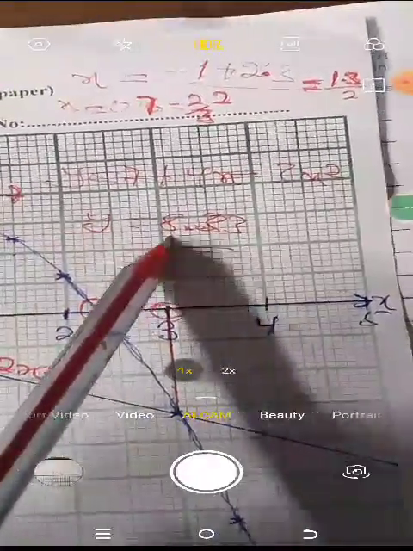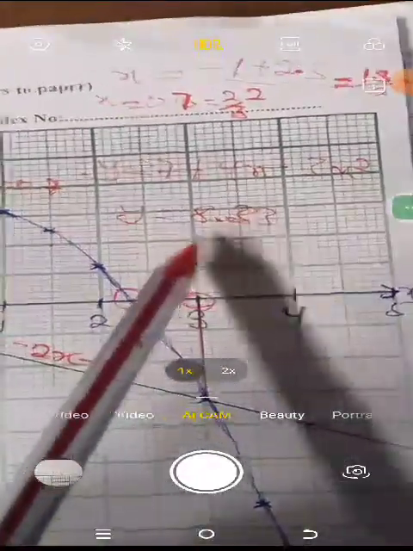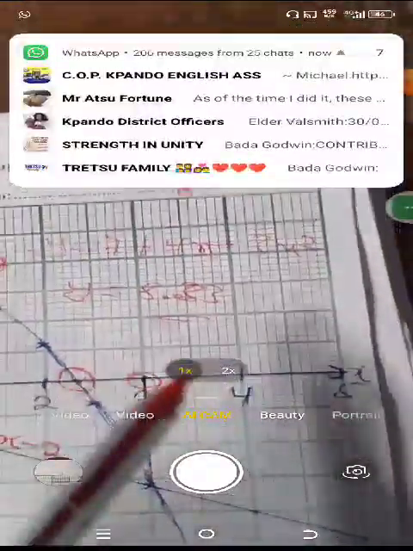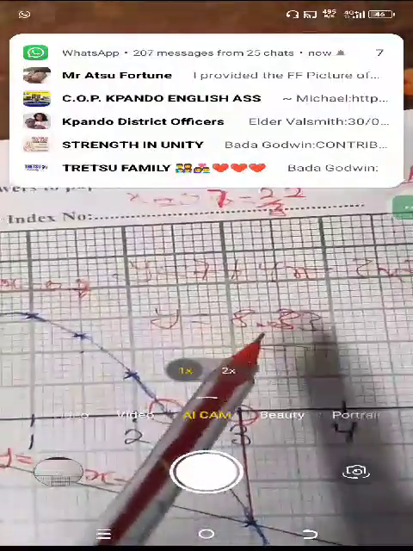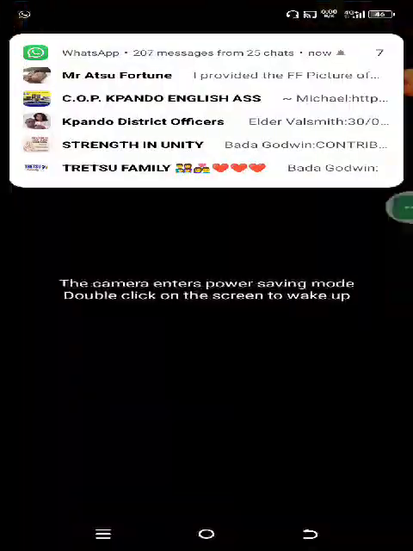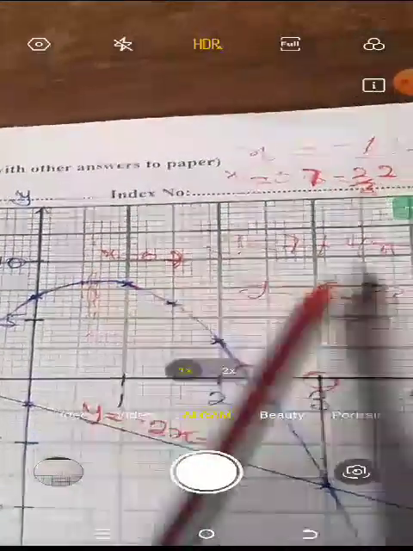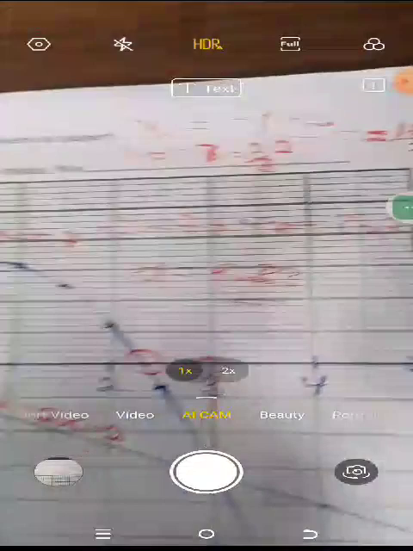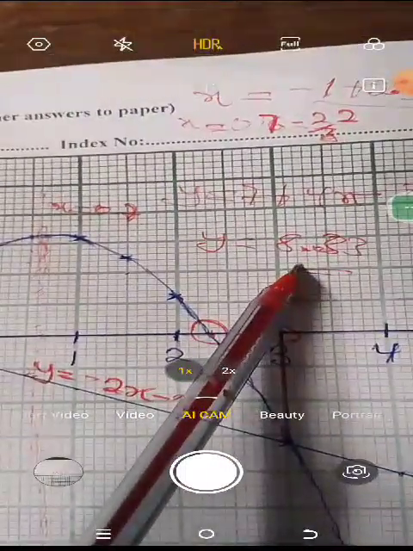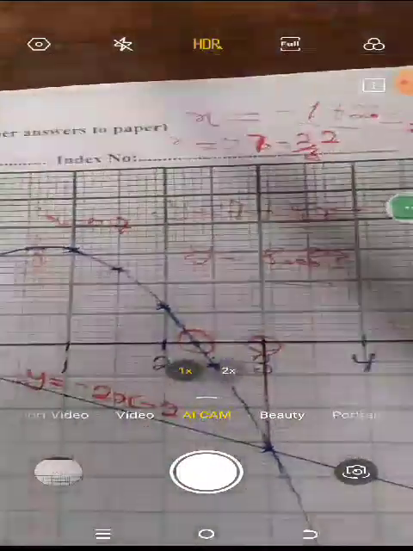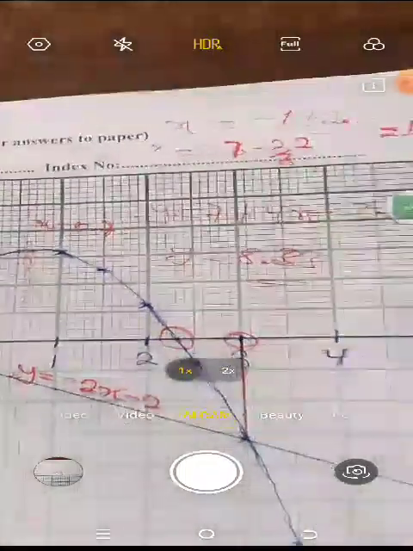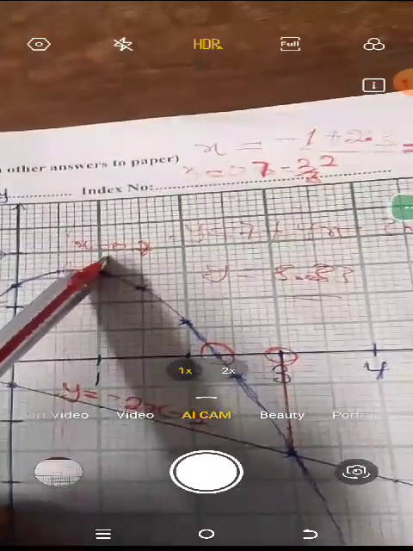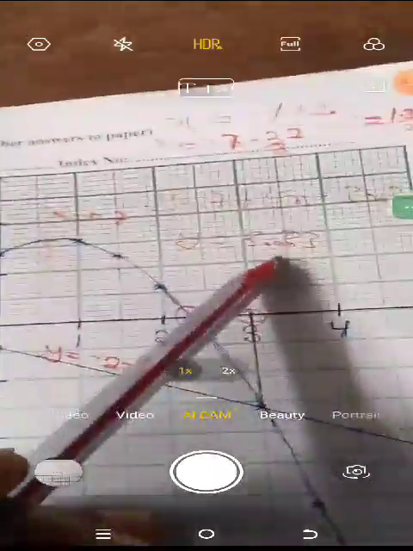So this whole thing, you can do it in your booklet by substituting x is equal to 0.7 into this equation. Then you get y is equal to 8.3. That becomes your maximum value. Now, the x here is equal to 0.7 and the y equal to 8.33 become your maximum point.